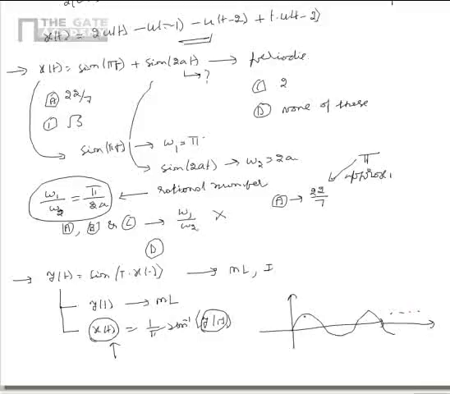So we see that at pi by 2 and 5 pi by 2 the values are the same. From this we see that for the given y of t, we may not be exactly able to recover x of t. From this we see that the given system is non-invertible. So we see that the given system is memoryless, but it is not invertible.